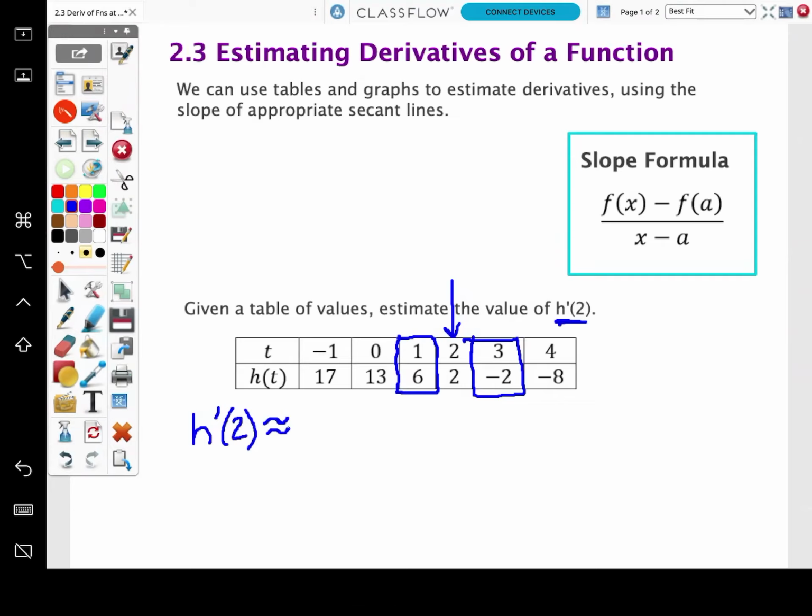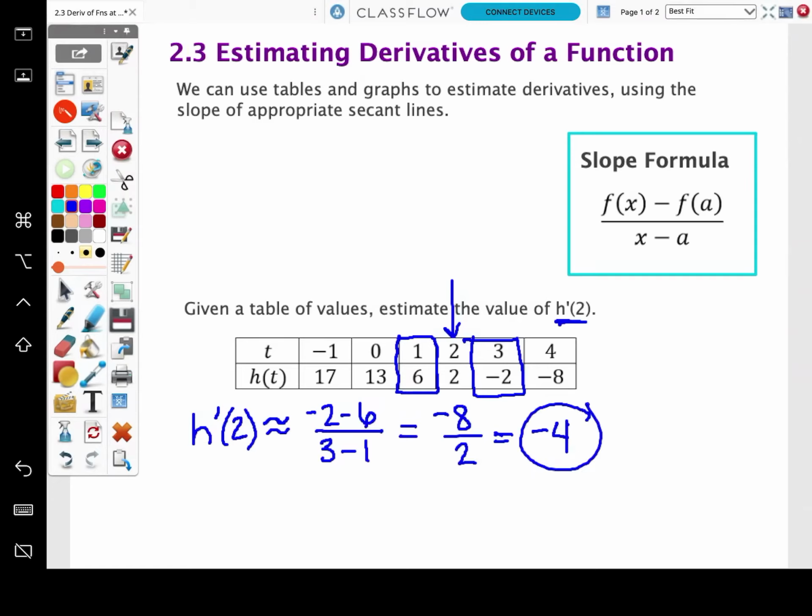We're going to use this pretending like we're doing f of b minus f of a, so we would want -2 minus 6 over 3 minus 1. Now that fraction is equal to, so now we use an equal sign to continue, and we get -8 up top and 2 on the bottom, so that equals -4.